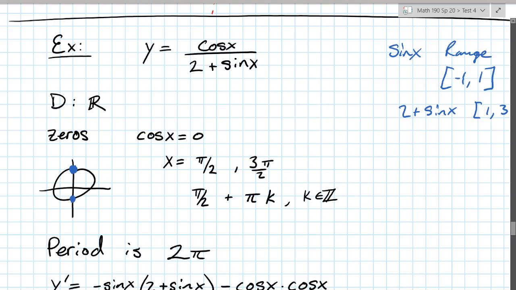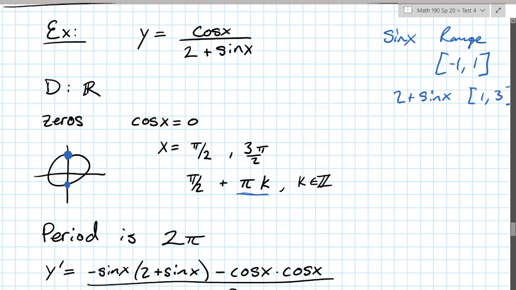Notice that this is also going to have zeros every multiple of pi, so pi/2, 3 pi/2, 5 pi/2, 7 pi/2, 9 pi/2, and so on. So we can say pi/2 plus an integer multiple of pi.